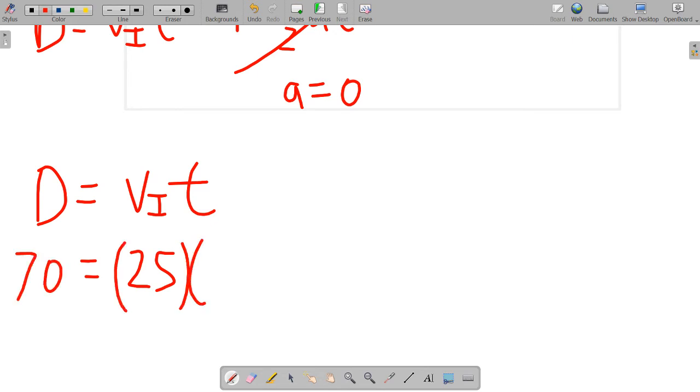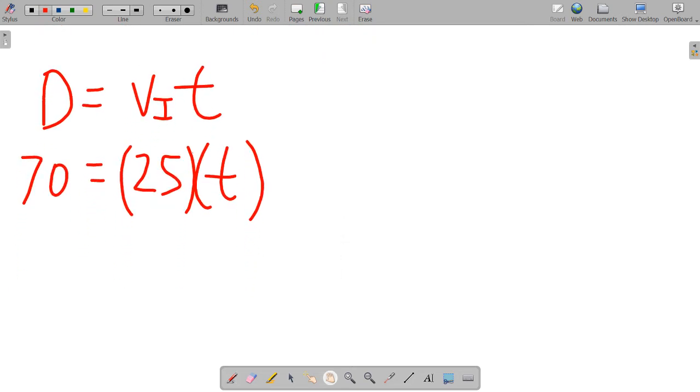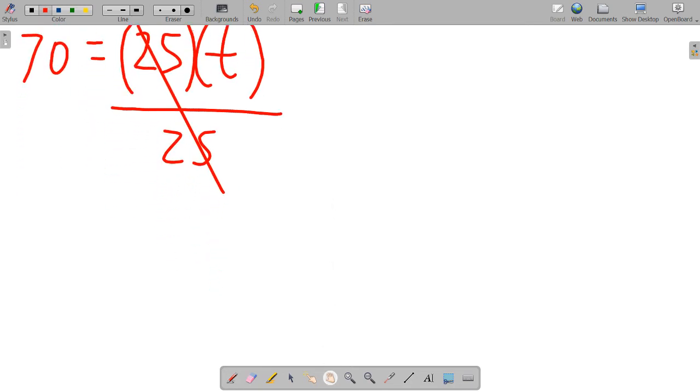Now we want to solve for t. We want to get t by itself. How do we solve for t? Well, it's easy. All we need to do is just divide, because we're solving for the time in free fall. So divide that by 25, that goes away. Whatever we do to one side, we have to do to the other.